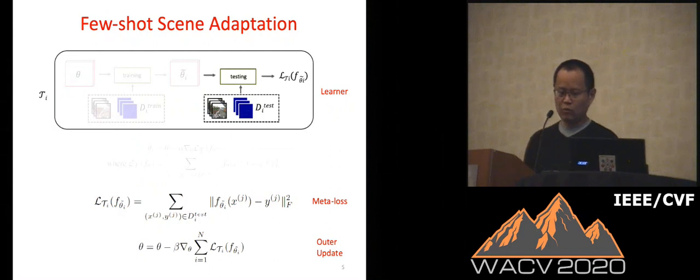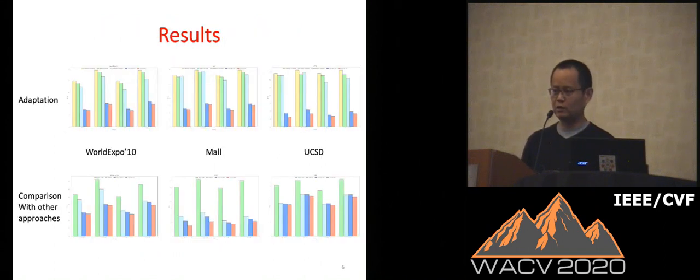Then we use the remaining images from the training data to evaluate how good the adapted model theta tilde is. We define a loss function to measure how well theta tilde works on the rest of the images from this particular scene. Then during the meta-training stage, we learn the model parameter theta so that it does reasonably well across all the scenes.